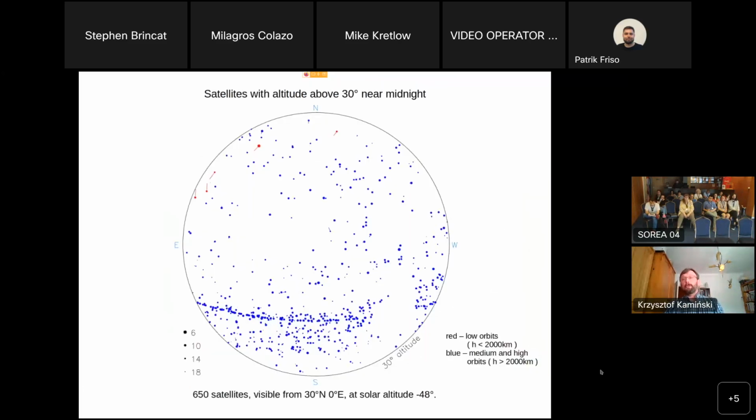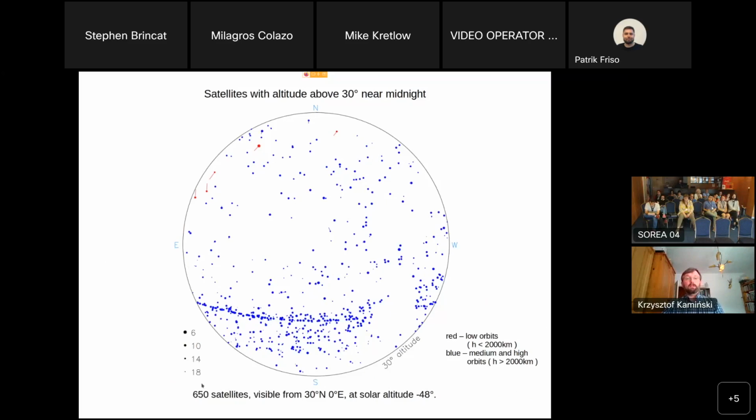So a typical image of what we can expect on the sky is something like this when we are near midnight. Here is just an example from a random location when the solar altitude is relatively low, so we are close to midnight, and only satellites above 30 degrees altitude are plotted here.